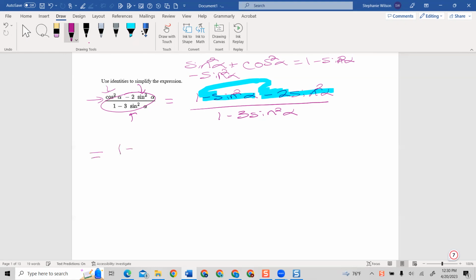So now I have 1 minus 3 sine squared alpha all over 1 minus 3 sine squared alpha. That reduces down to 1, so that is my answer.